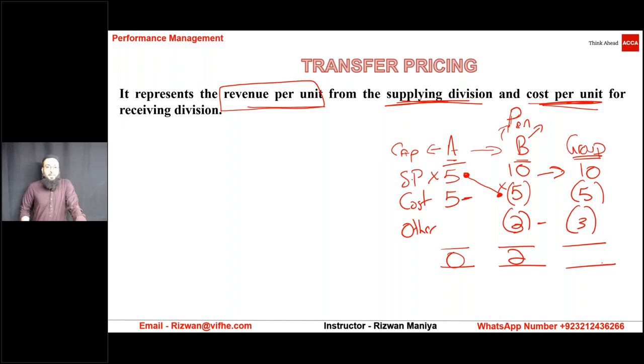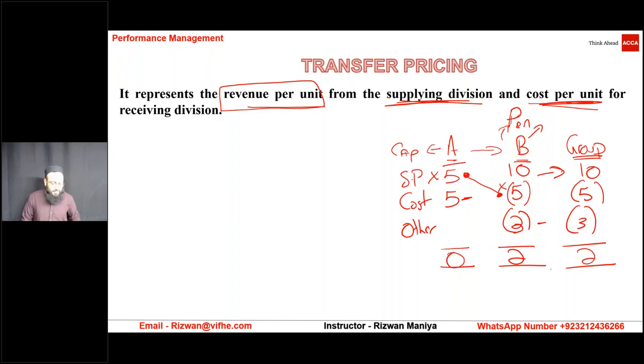Sons are doing business with each other and they live in the same house. For the father, that will not be a business. Father will say, you both live in the same house, for me trading between the two is not a business. So that is the group. Profit is 2.